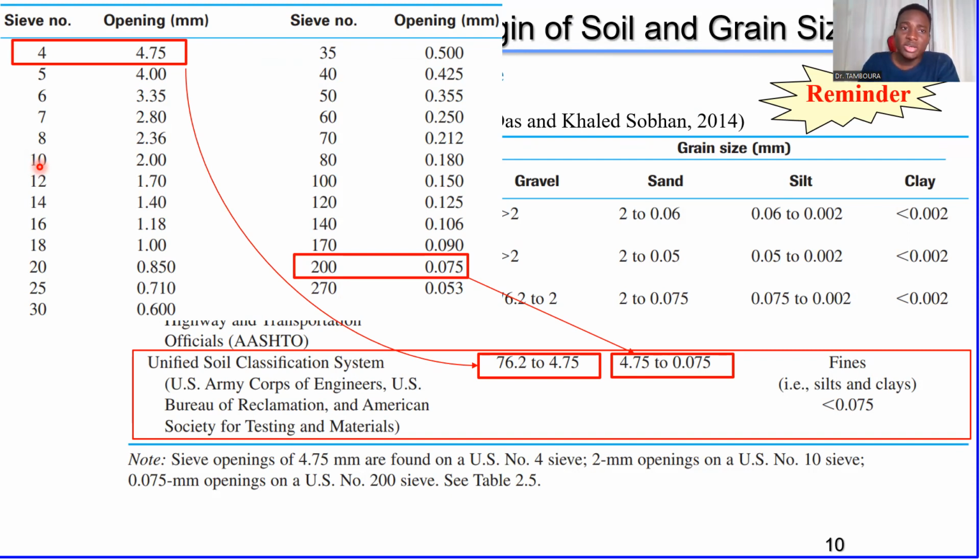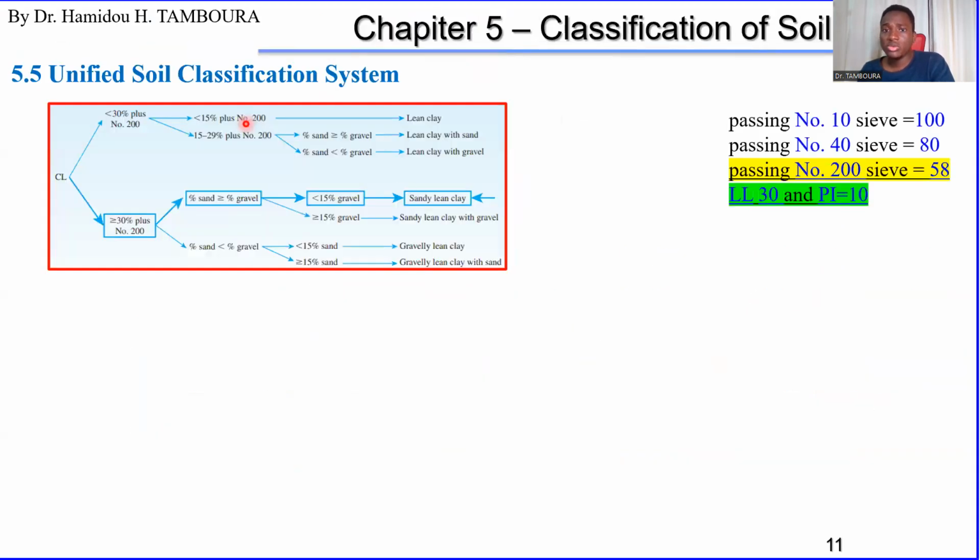It means that the soil particles are smaller than 2 millimeters. If they are smaller than 2 millimeters, they are automatically also smaller than 4.75. So in that case, the percentage of gravel we have is 0%.